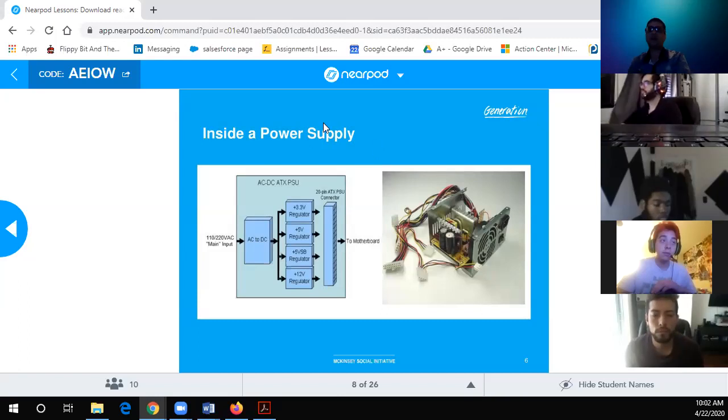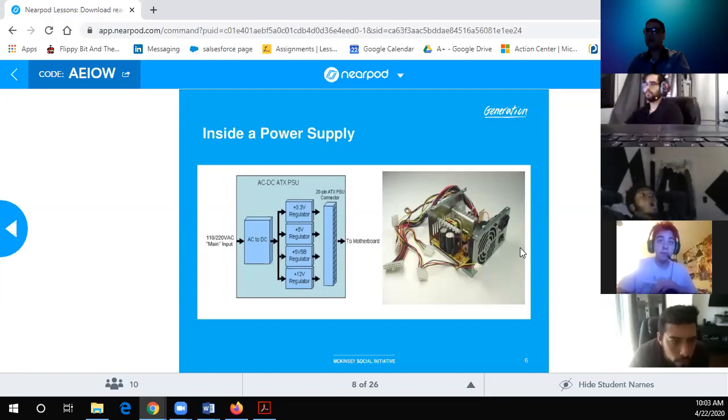It needs to give this connector here, which is the big connector that we saw earlier. That's the representation of the picture of this humongous connector here, if you guys remember. The one on page 8. We're on page 8 right now. That big connector, that's how they spread out the electricity, starting from 3.3, 5, and then you have the 12.